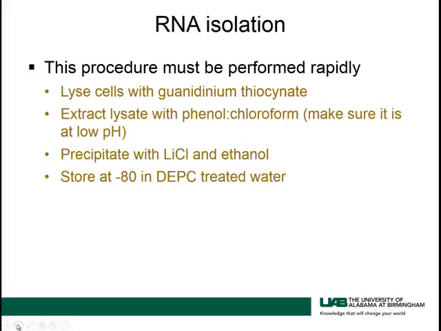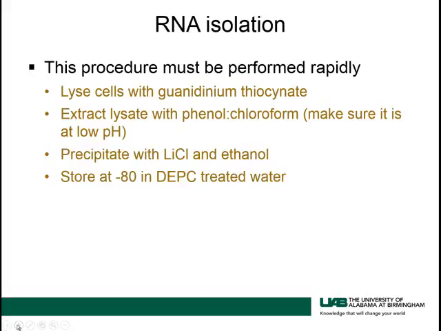The reason for that is at a high pH, the nucleic acids, both DNA and RNA, will be in the aqueous phase. But when you lower the pH, the pKa for DNA is much higher than the pKa for RNA, and so the thing that falls out of solution first will be the DNA. DNA is going to move from the aqueous phase, the top phase, into the inner phase. And so now we have RNA in the aqueous phase by itself.